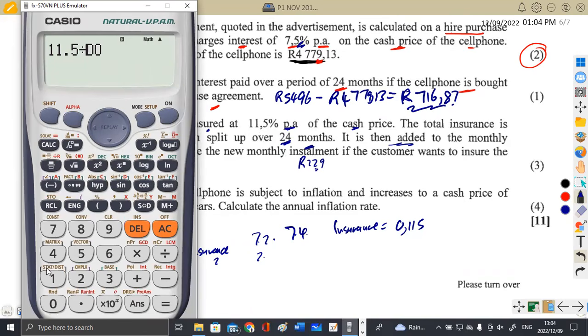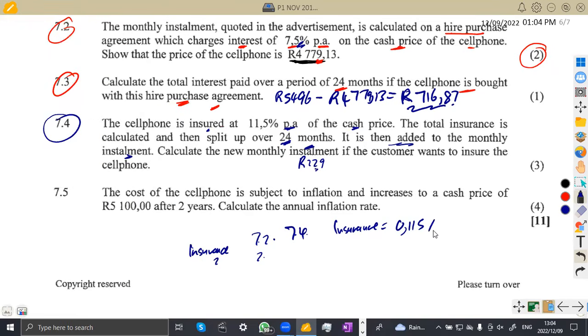All right, so you have a percentage on the cash price. Remember the cash price of the cell phone, the normal price that we had, which is 4779,13. But it's taken per annum, so you're going to divide by 12. So that's your insurance there.